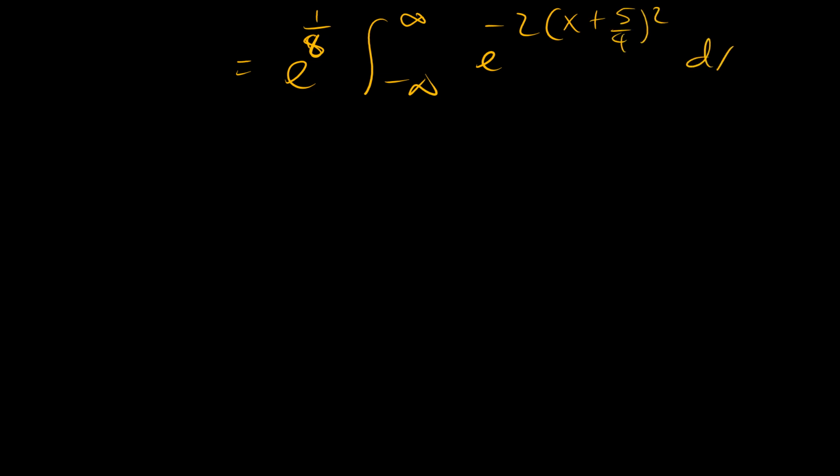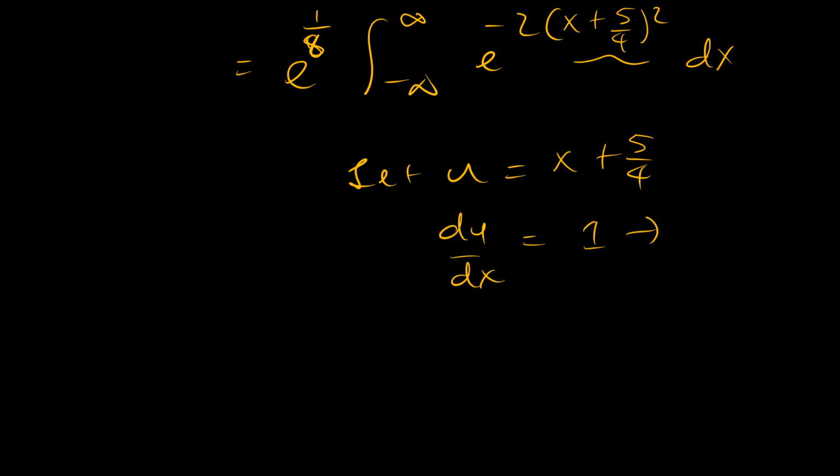So we have e to the power 1 over 8, integral from negative infinity to infinity of e to the power negative 2 times x plus 5 over 4 squared. We can say let u be equal to x plus 5 over 4, so that du dx is equal to 1, and that means we can substitute for dx with just du, and the limits will remain as they are.